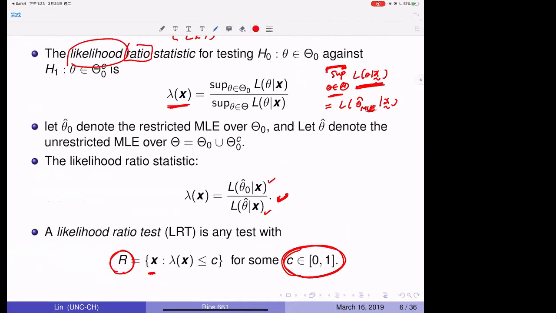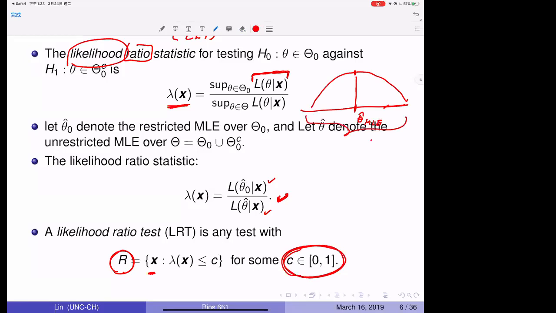Okay, hold on. Imagine what the likelihood function means. That means how likely. When you find the MLE with no limitation, your theta hat MLE is based on the overall space, isn't it?